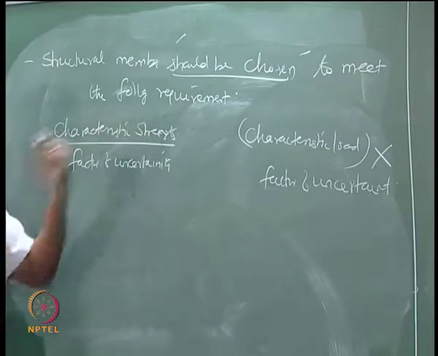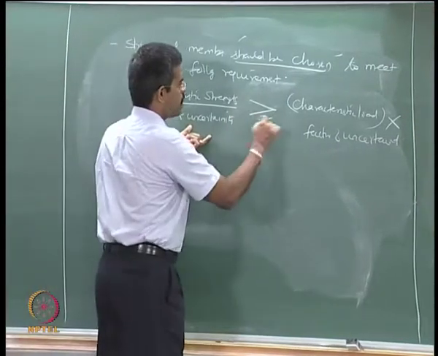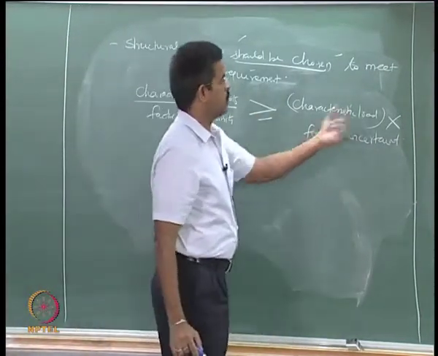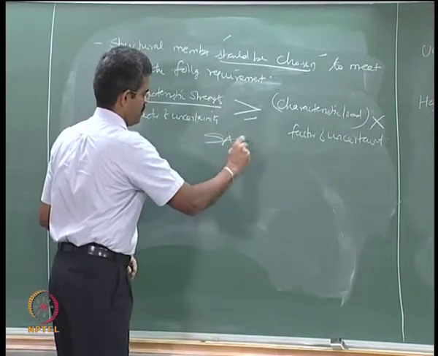If the characteristic strength by factor of uncertainty exceeds or equals the characteristic load multiplied by factor of uncertainty, I will call this as safe.